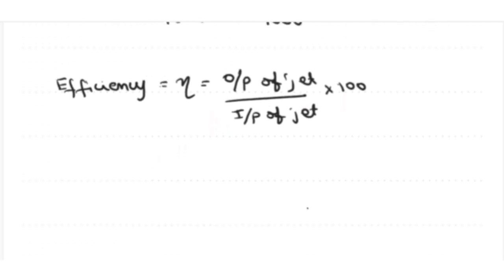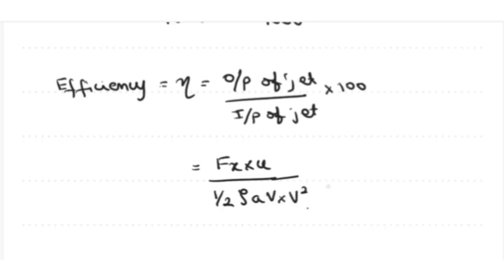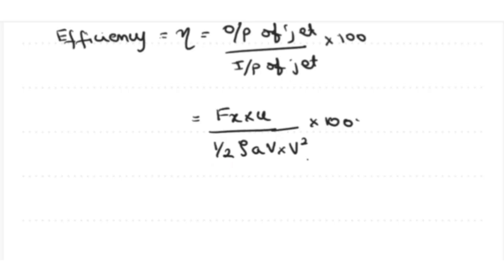Output of jet is the work done, that is Fx into U. Input of jet is the kinetic energy, that is half m v square, where m is mass per second, which can be written as rho into A into V, into V square, into 100. We should substitute the values here.